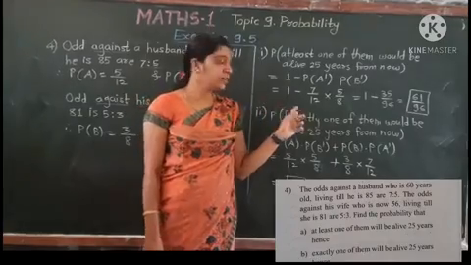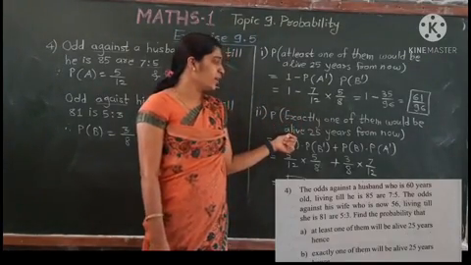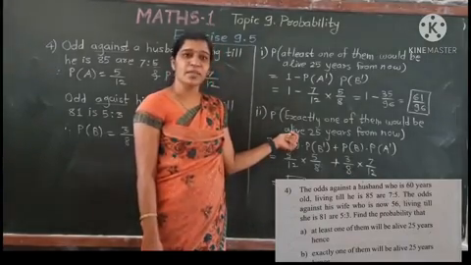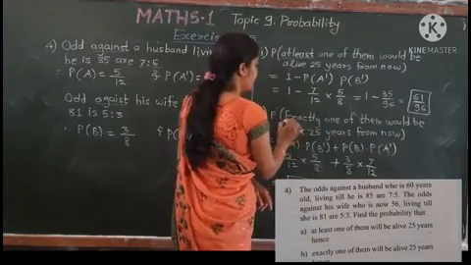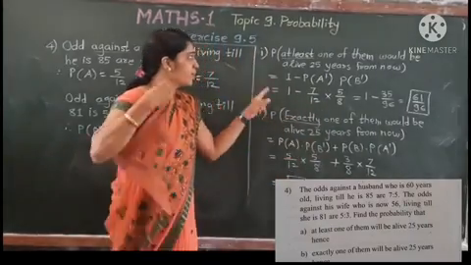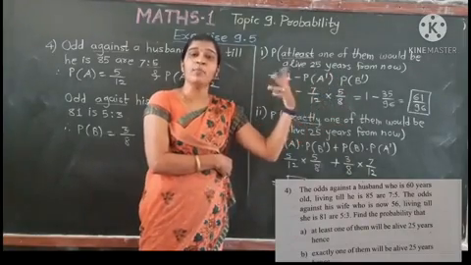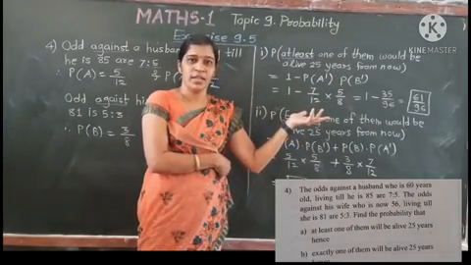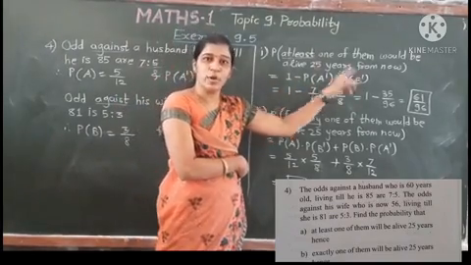We have to find the probability of one of them would be alive 25 years hence. Exactly one of them. Here at least one is there, and here exactly one is there. At least one of them means either husband or wife or both. Okay? Means here 1 minus P of A dash into P of B dash.